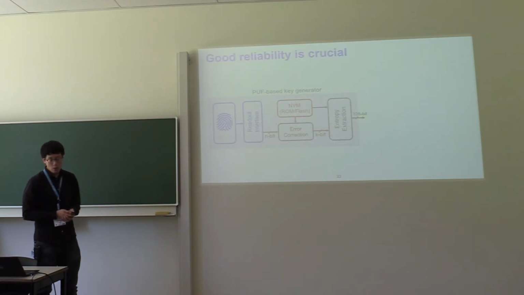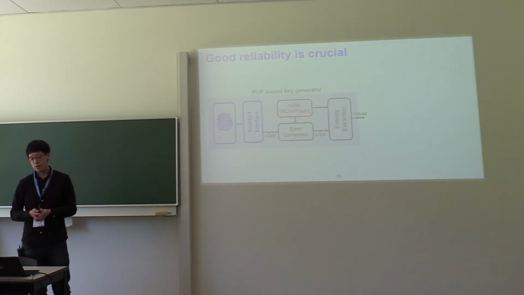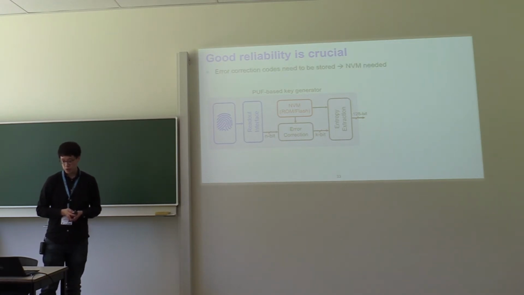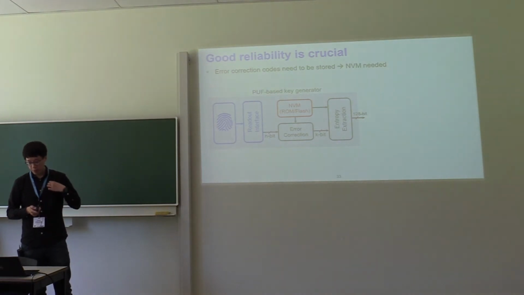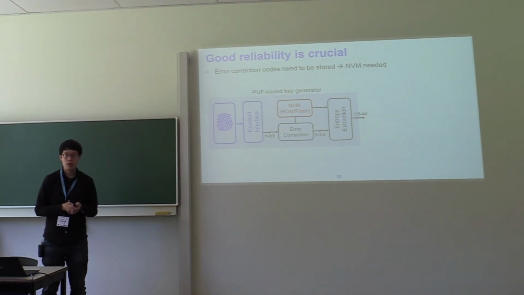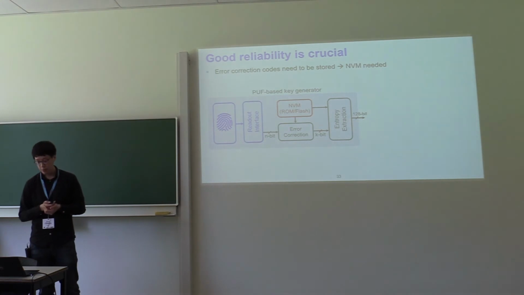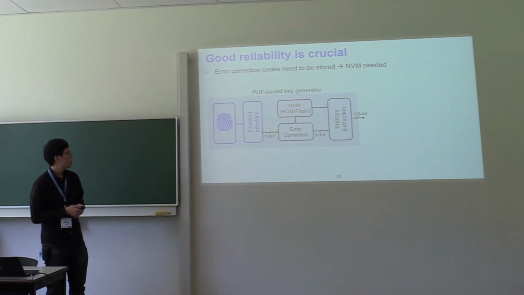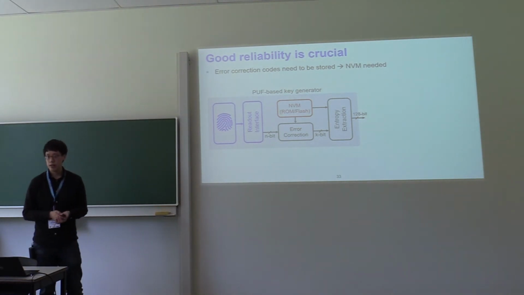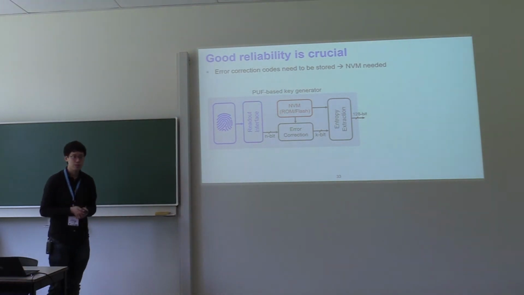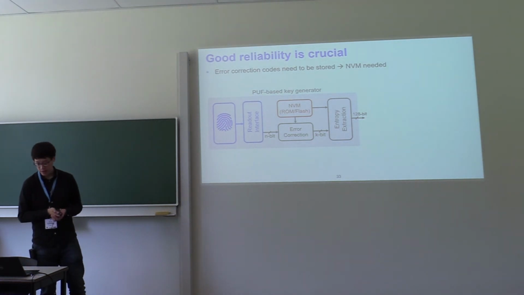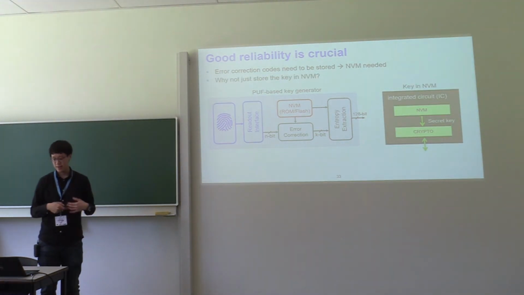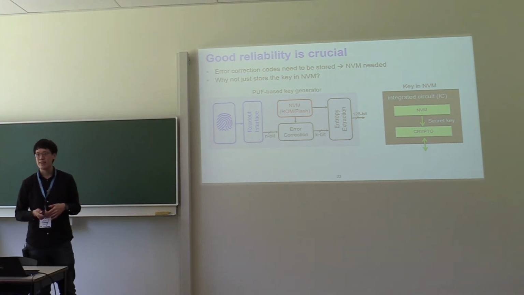So why do we care about reliability? Good reliability is of course crucial, and here is how it makes a difference. As we discussed, for path-based key generation we need a non-volatile memory to store the helper data for error correction. But then it raises a doubt: why not just store the key in the non-volatile memory?